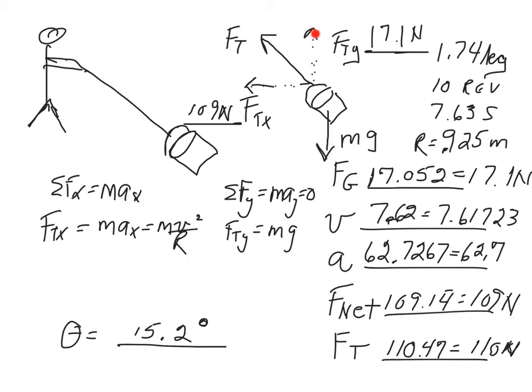That's simple, vectors. We know the y component, we know the x component. So what did I do here? I took the inverse tan, usual practice, right? Inverse tan of the y component over the x component. And that's where I got the 15.2 degrees.